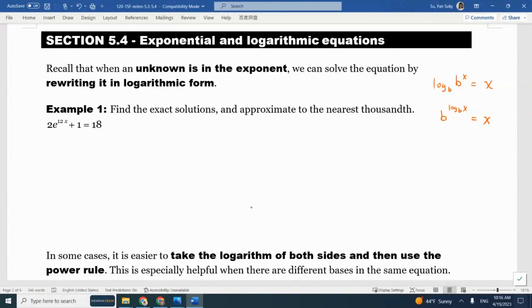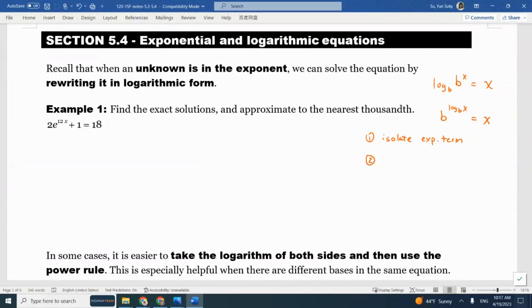Now, when you see an equation involving an exponential function, what you do is isolate the exponential term. Isolate means you only want to have that exponential term on one side by itself. All the other stuff moves to the other side. So here, we want to get rid of the 2 and get rid of the 1.